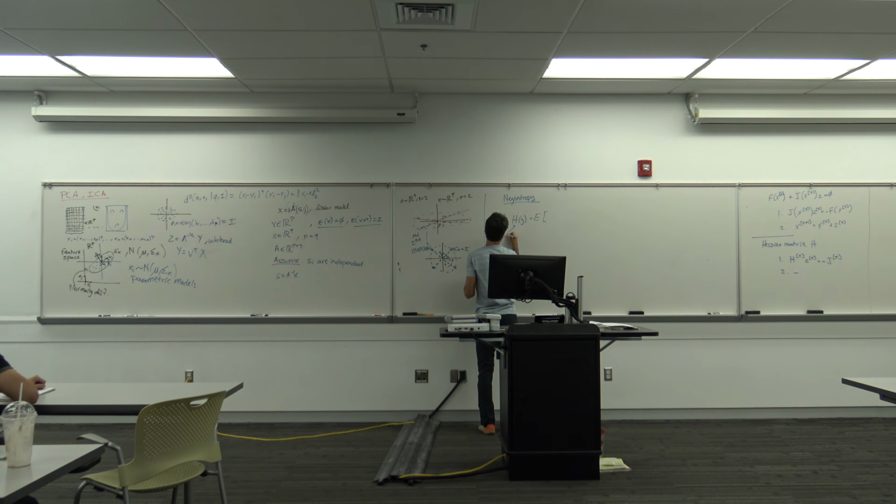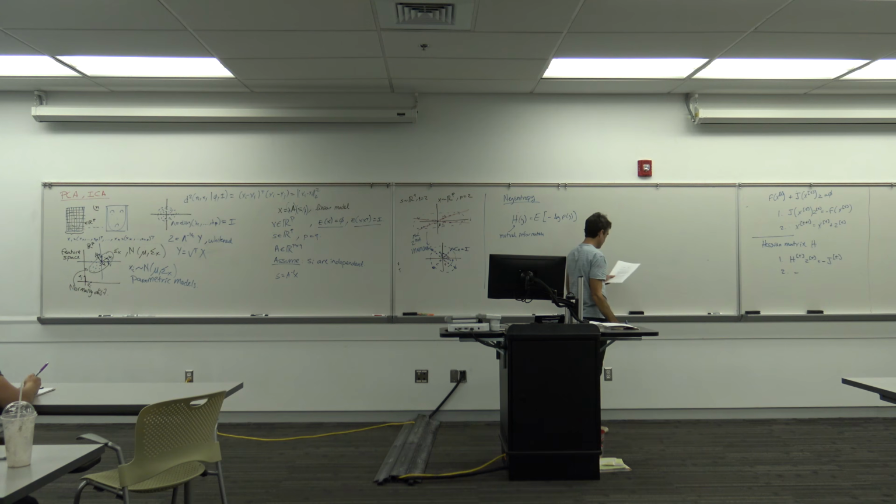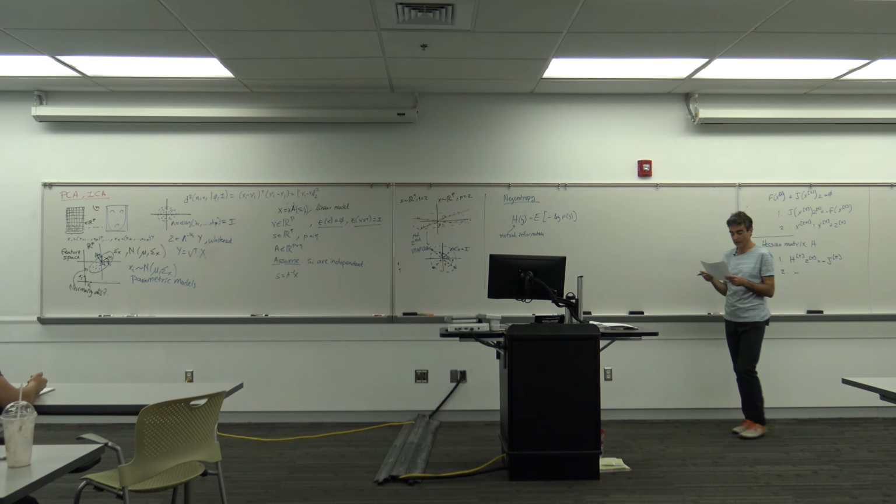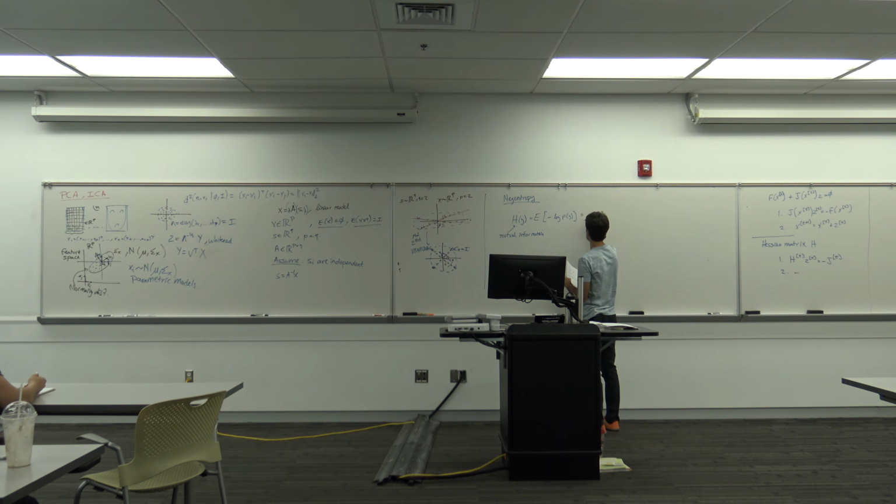The mutual information is going to be equal to the log of f of y, which is precisely what I'm going to refer to as the negentropy, which is equal to, let's see, I have a negative sign here, and then I integrate the log function of f of y, right? Differential of y. Okay, good.